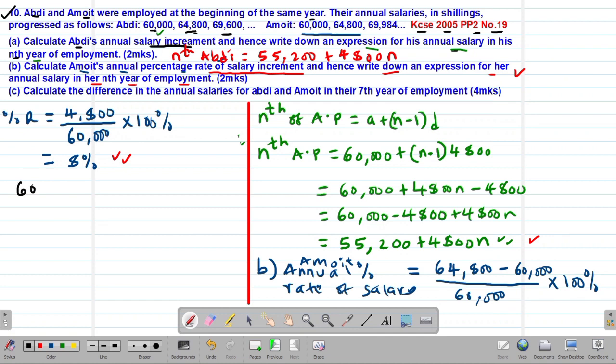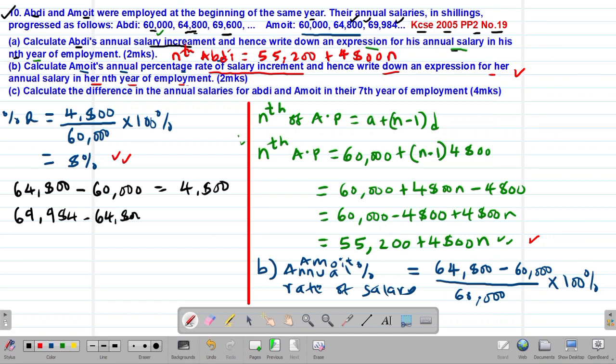Therefore, let's check the terms. We need to subtract the terms so that we check whether there is a common difference. If I subtract the second term for Amoit, which is 64,800, minus the previous term, which is 60,000, this difference gives me 4,800. We also check the next two terms. I'll have 69,984 minus the previous term, which is 64,800.